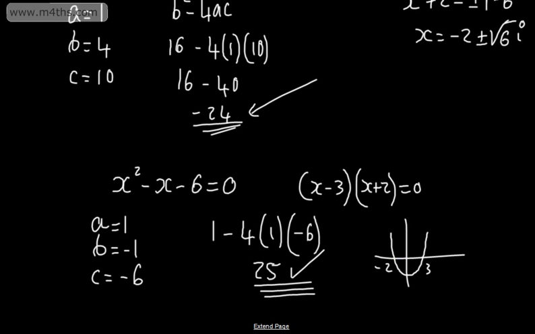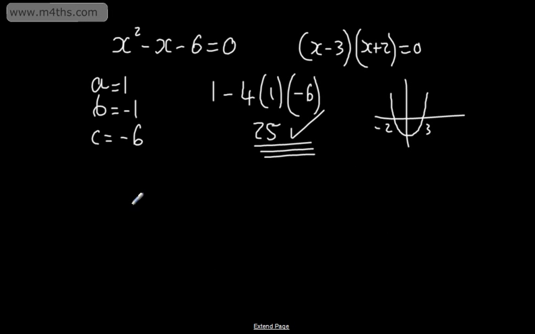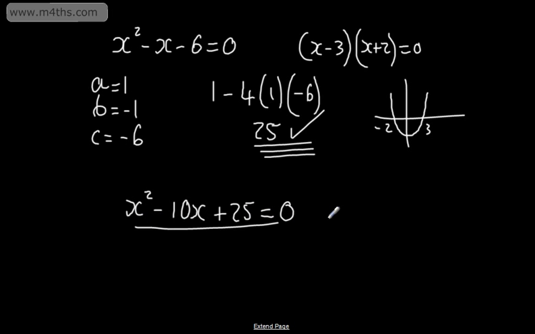If I had now, let's go ahead and look at x squared minus 10x plus 25, and we wanted now to take the discriminant of this one to check if this had real roots. The value of a is going to be 1. It's not always going to be the case. The value of b is going to be negative 10, and the value of c is going to be 25.